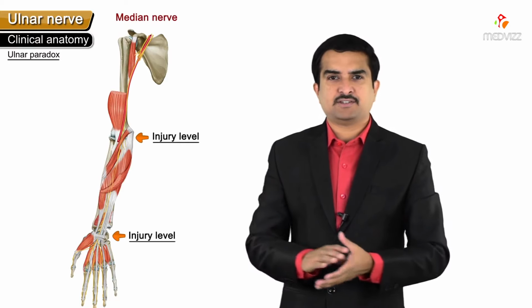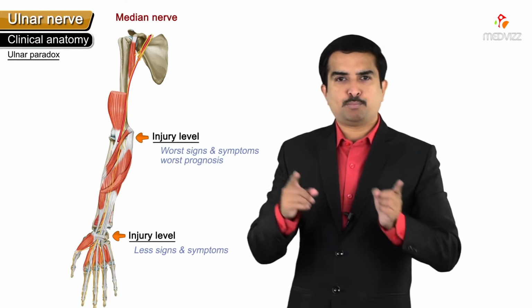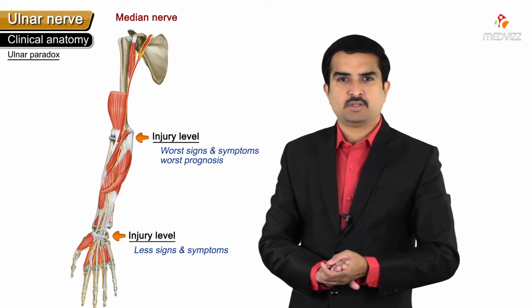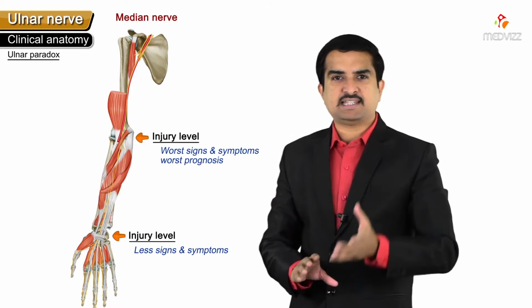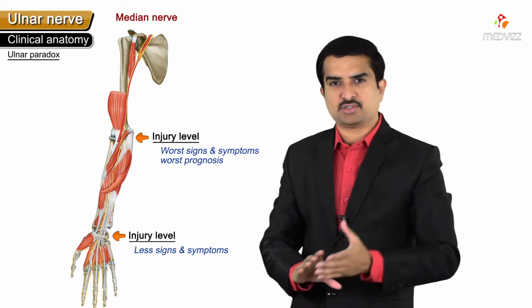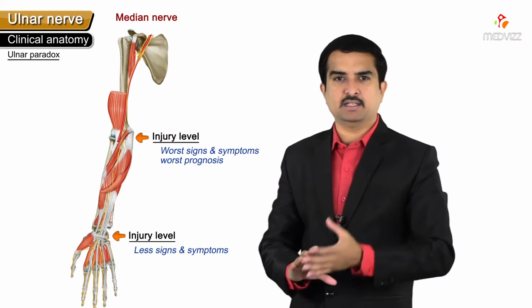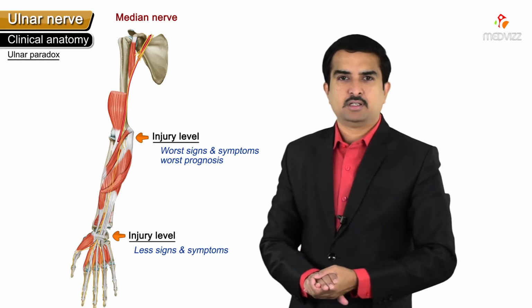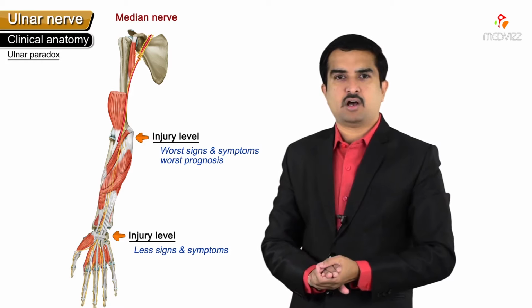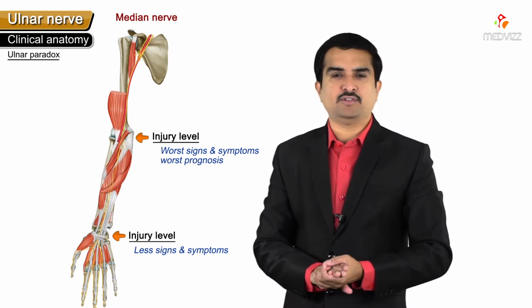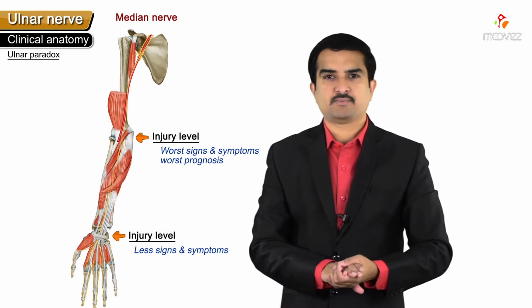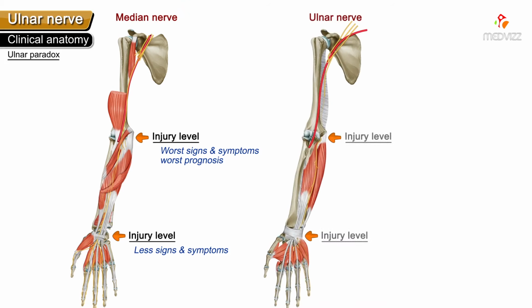Generally, we often discuss that the more proximal a nerve injury, the worse will be the signs and symptoms and also the prognosis. When we talk about the median nerve or the radial nerve, the proximal injuries are more symptomatic compared to the distal injuries. But the opposite is true when we consider the ulnar nerve.